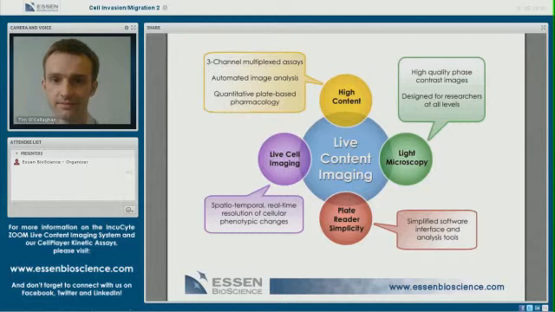These are combined to provide real-time resolution of spatio-temporal phenotypic changes, with a simplified plate reader interface and intuitive analysis tools.